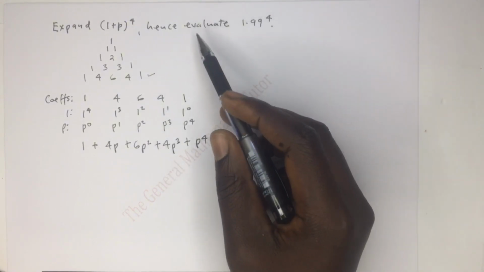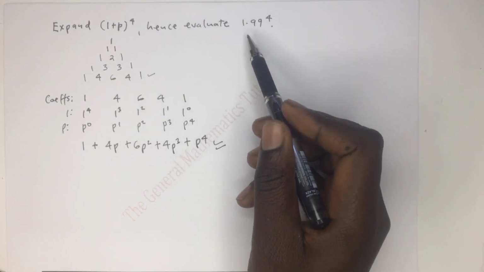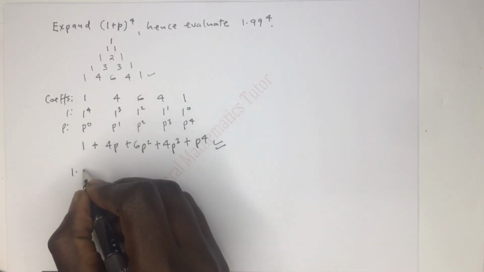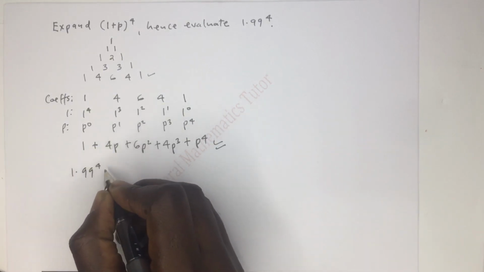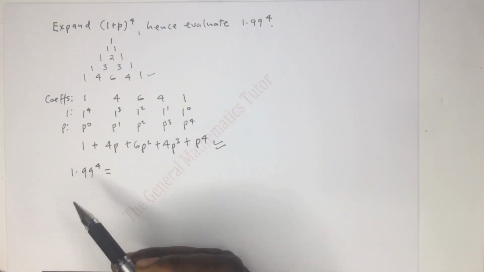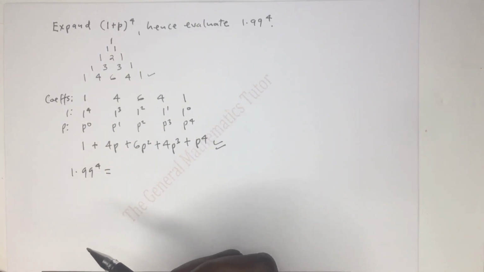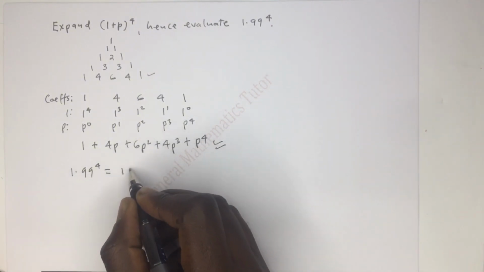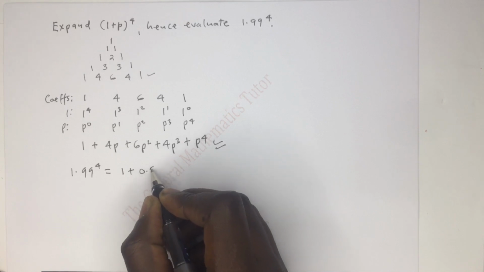But we are required to evaluate 1.99 raised to the power 4. So we're going to rewrite 1.99 power 4 as a binomial, meaning you're going to represent this value by 2 terms. So we can say that this is the same as 1 plus 0.99.